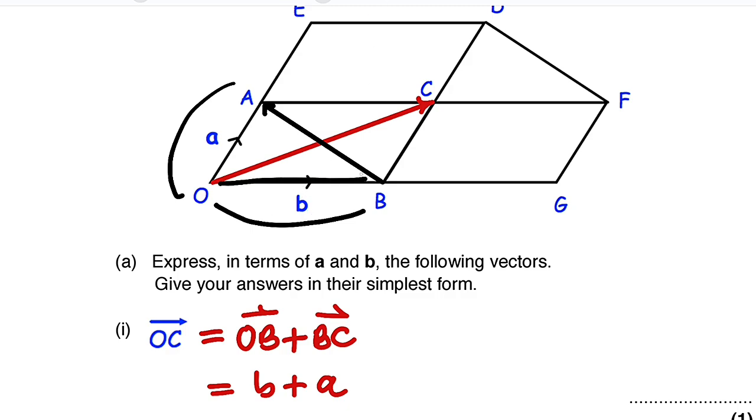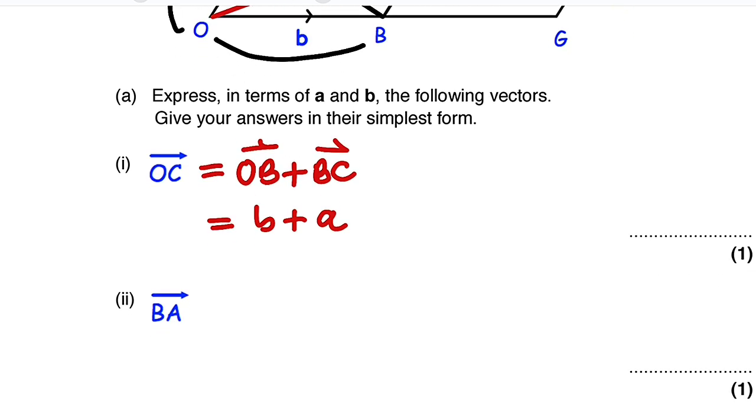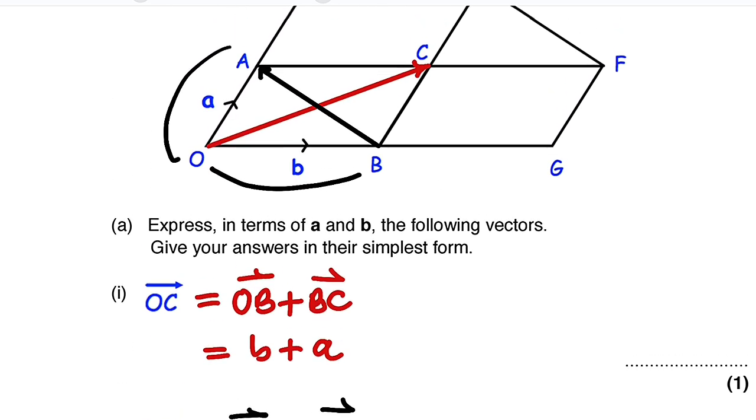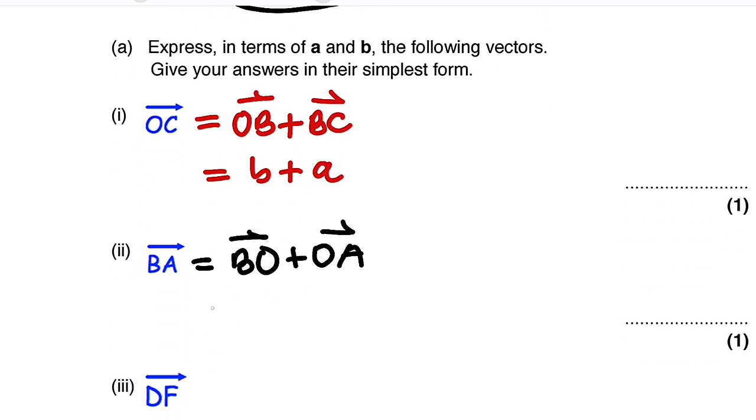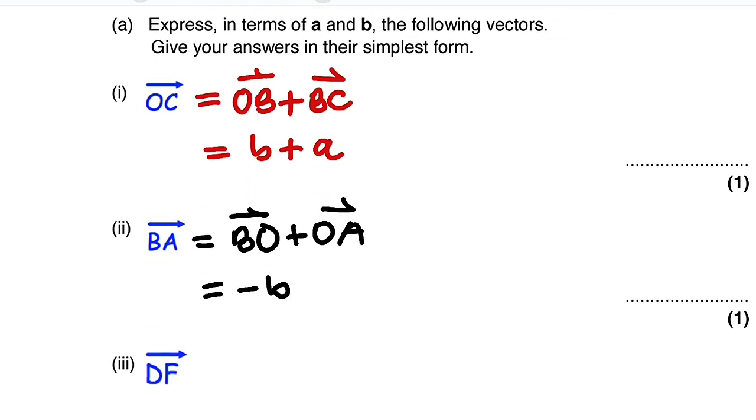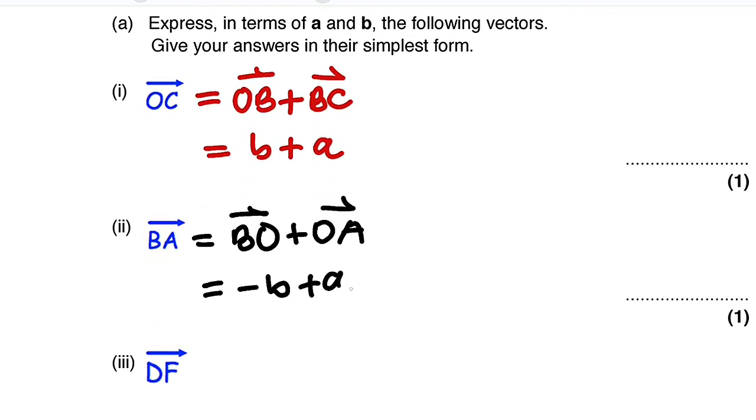If OB is B, then BO will be negative B because you have changed the direction. So BA is equal to BO plus OA. What is BO? BO will be negative B. Then OA is A, which if you like, you can write as A minus B, all the same.